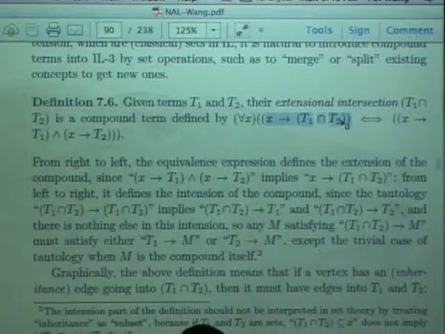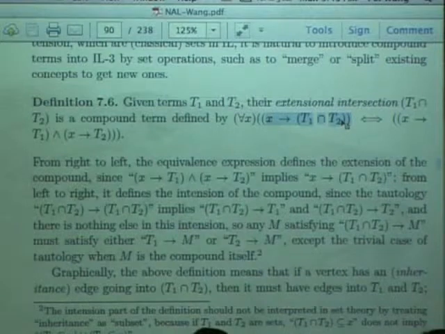Now we need to be careful. I already told you that you're not supposed to draw a Venn diagram. But sometimes you can, because you just want to make it very clear that you're only focusing on the extension. It's part of the story. Under that condition, you can still do that. So you can have T1, you can have T2. If you concentrate on the extension, which is nothing but a set, you have T1 here, T2 here, and then whatever is here is the common extension.